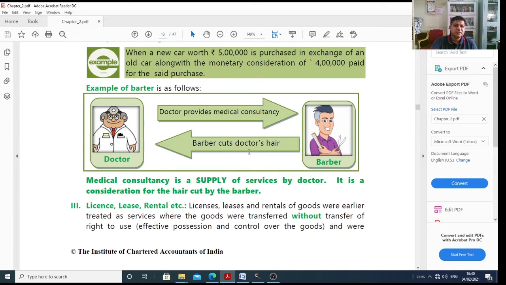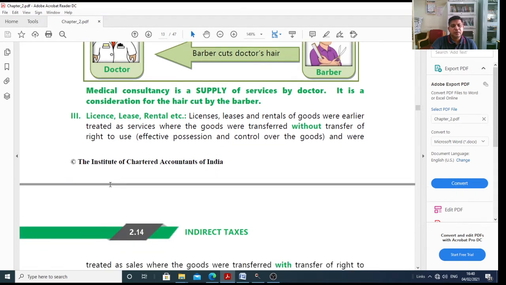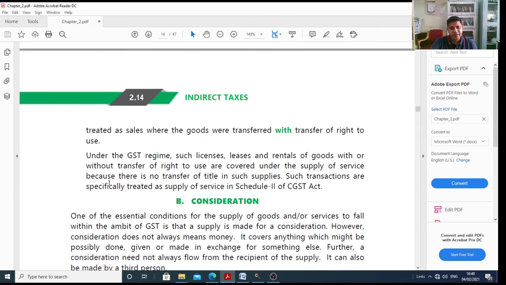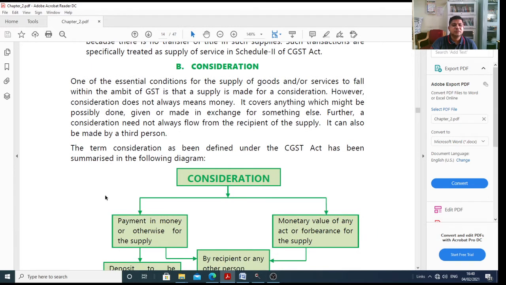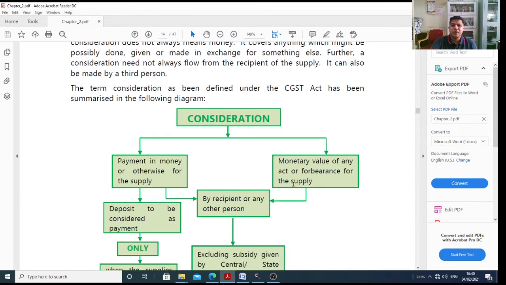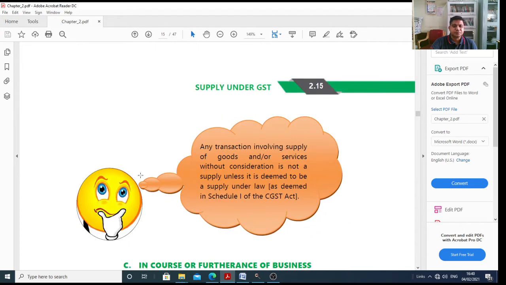The haircut is the consideration for the doctor, and medical consultancy is the consideration for the barber. Sometimes lease, license and rental are also considered supply. Consideration may be in payment of money or otherwise, for supply, or monetary value, or act or forbearance for the supply. These things you should understand first.